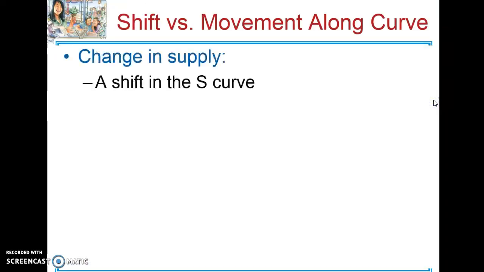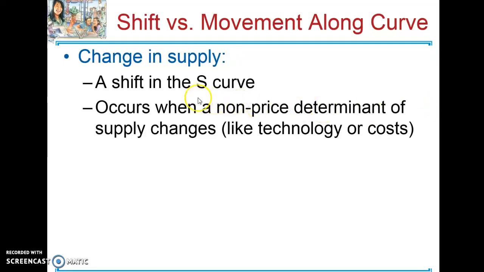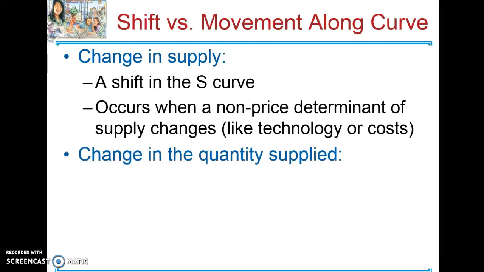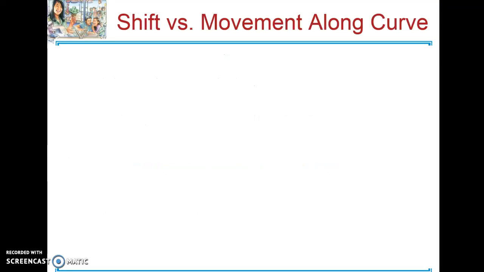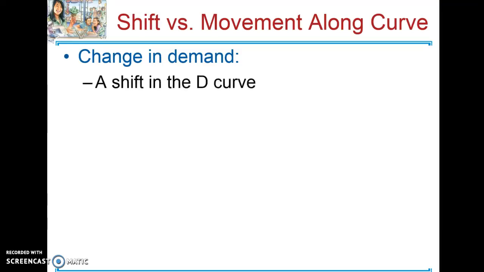A shift in the supply curve occurs when a non-price determinant of supply changes. For example, if technology changes or costs associated with producing that good change. If there's a change in the quantity supplied, we just have movement along the fixed S curve, and that occurs when price is the only thing that's changing.